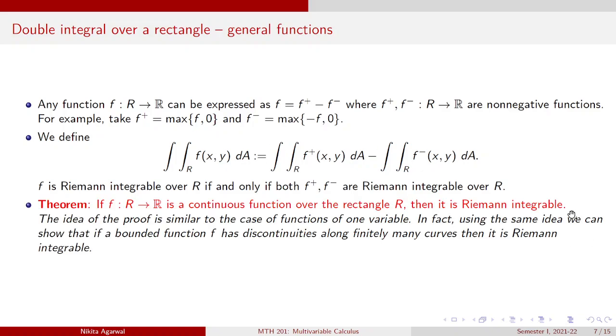Okay. Now, again we have a theorem like in one variable. If f is a continuous function over the rectangle R, then it is double Riemann integrable. And the idea of the proof is similar to the case of functions of one variable. In fact, using the same idea, we can show that if a bounded function f has discontinuities along finitely many curves, then it is Riemann integrable. What was the analogous result in one variable?